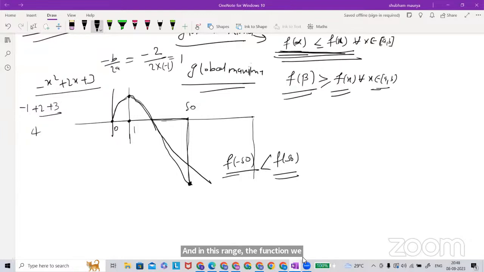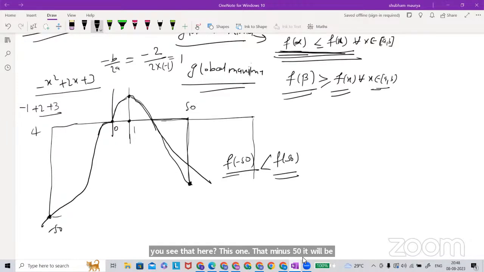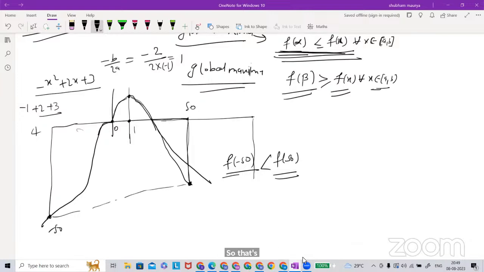So at minus 50, it will be like here, if you roughly see the graph. If you compare this with this one, minus 50 is going to be the lesser one, at least in this interval. So that's why f of minus 50 is going to be the global minimum. Okay. Is it clear now?